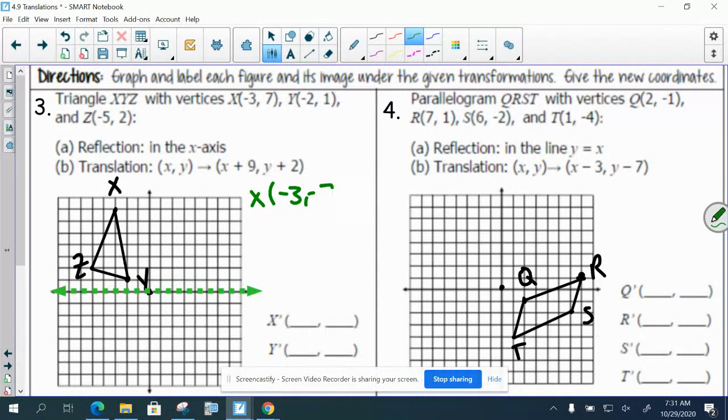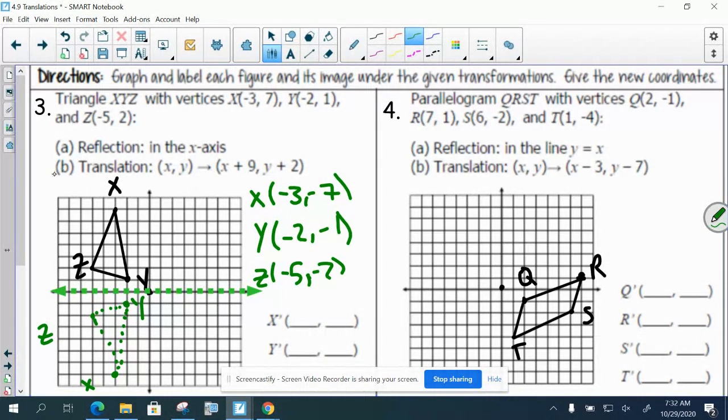So (-3, -7), and then y will be (-2, -1), and then z will be (-5, -2). All right, so there, I'm just going to put dash marks here for the segments because this isn't our final answer. That's just the intermediate answer from A.